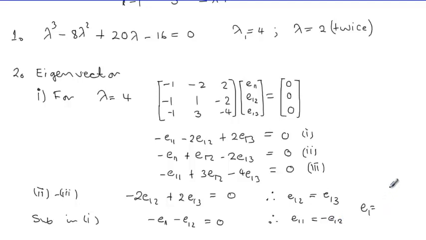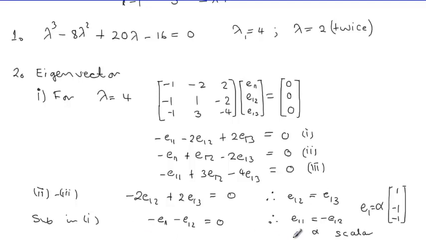So we can take this to be 1, minus 1, minus 1. These two are equal, and these two have got opposite signs. Then multiply by the scalar alpha. So that's our first eigenvector.